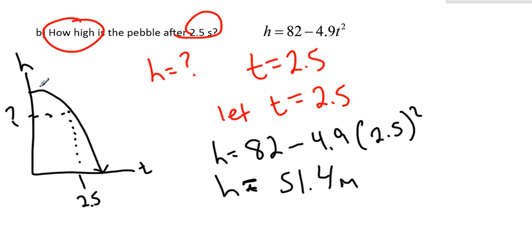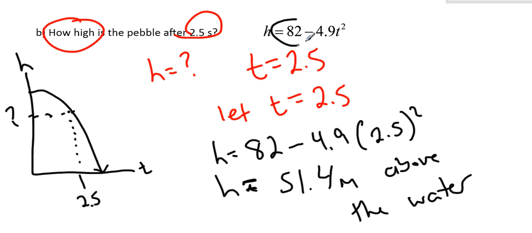So after 2.5 seconds, the pebble is 51.4 meters above the water. I could also ask you, for example, how far has it fallen? In which case you would say, well, it started at 82, it's now at 51.4, and you would subtract them to figure that out.